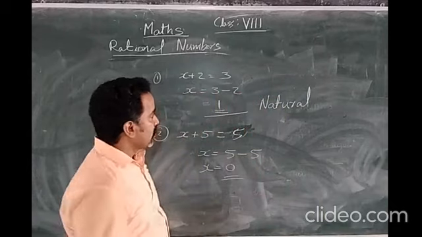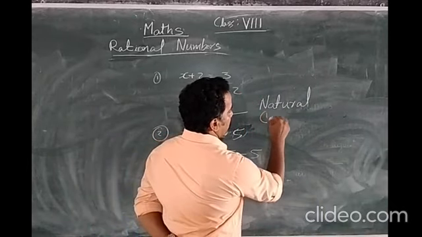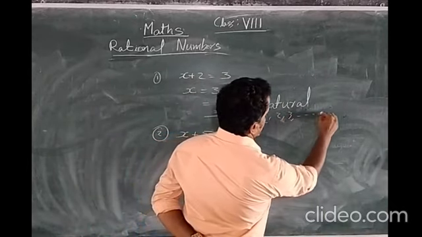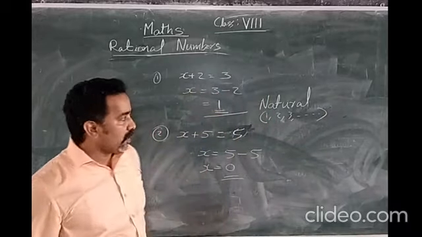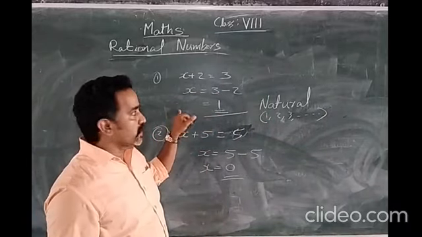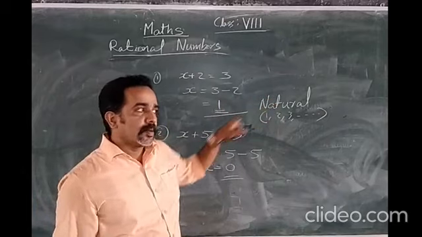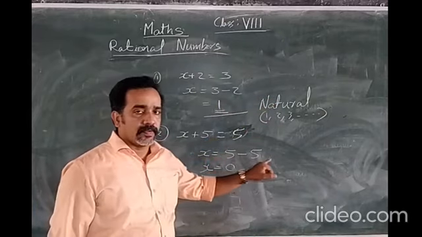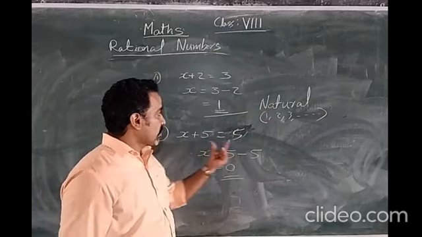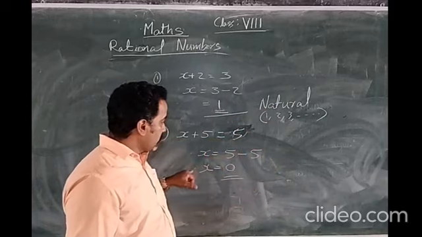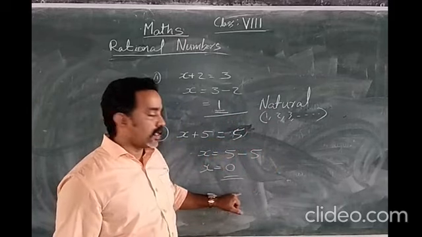Natural numbers start from 1, 2, 3, etc. In this type of equation, x plus 5 is equal to 5, x has a value that is 0.